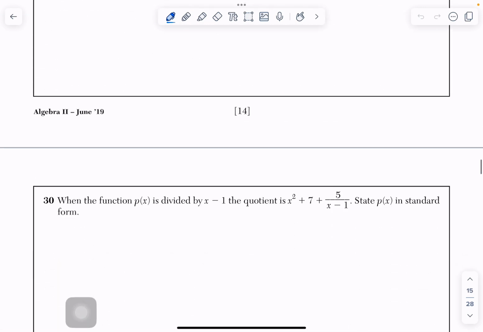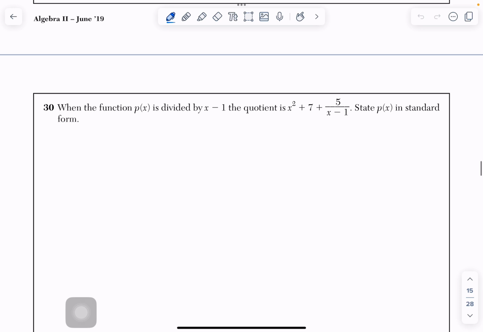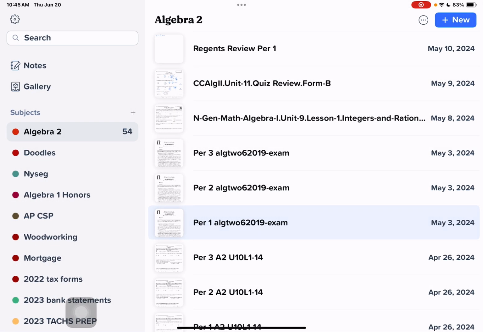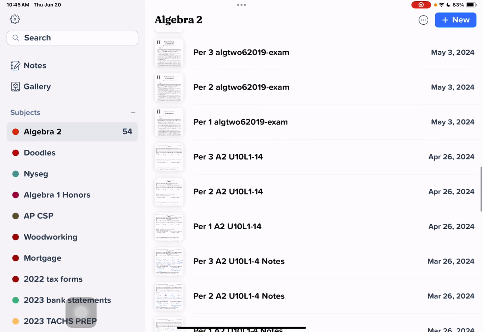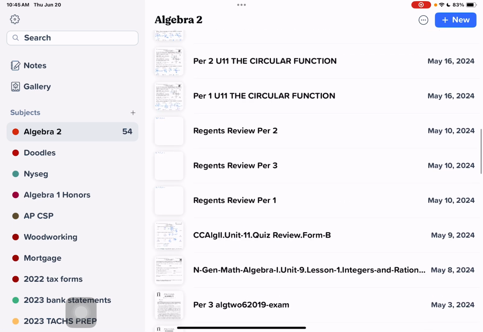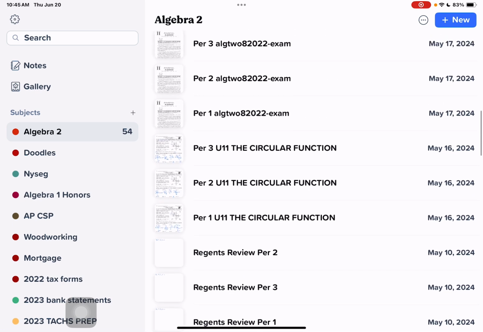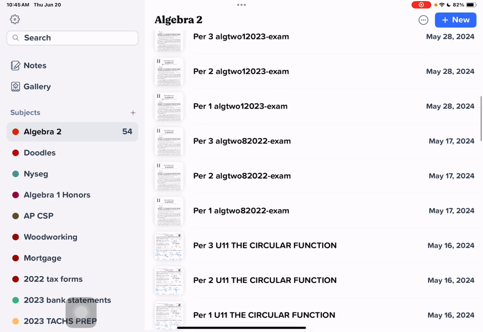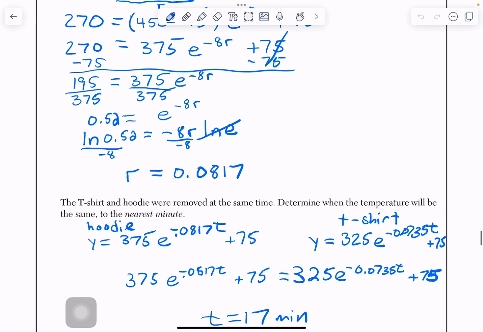Let's go the other way, Tom. Oh, wrong Regents. I think it was August. Oh yeah, because I looked at it before. August. Page 6. Page 6 is August 22. August 22, right?